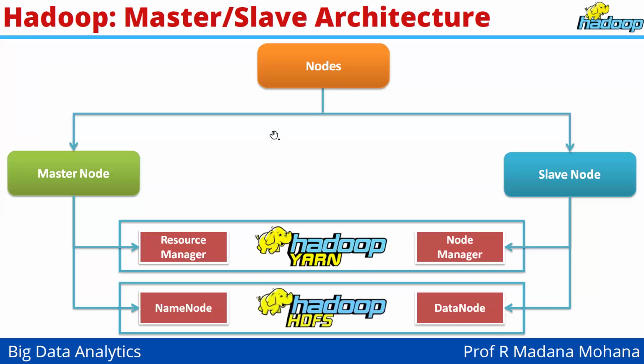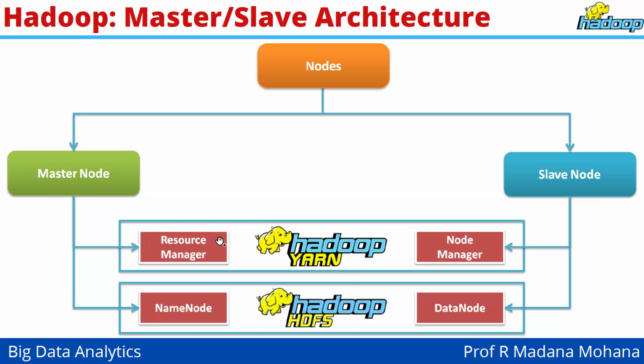So now finally coming to the nodes, what are the important nodes available in Hadoop master slave architecture? As we have mentioned in the previous diagram, we have master node, slave node. Then between master node and slave node, we have some components, that is Hadoop YARN, Yet Another Resource Negotiator, then Hadoop HDFS.